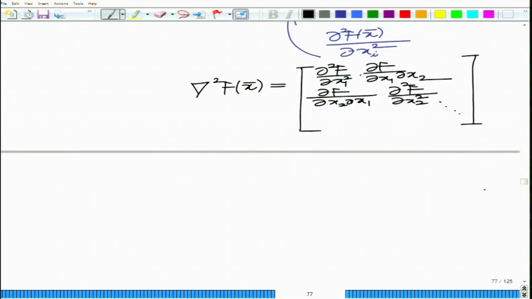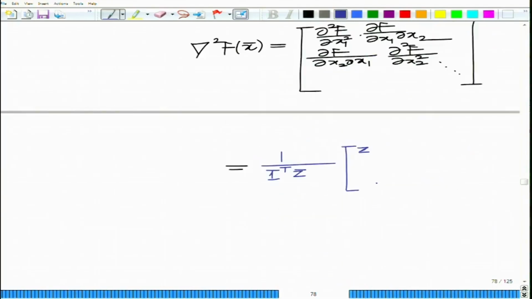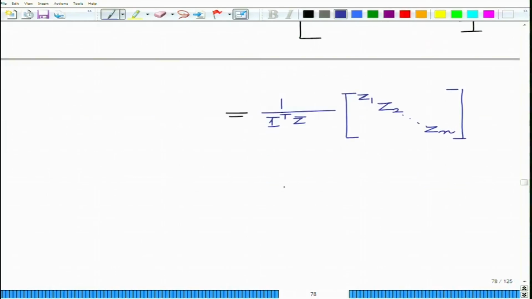If you put all these terms together, you will see that this is given as 1 over 1 bar transpose z bar times the diagonal terms, remember, the diagonal terms of the form z1, z2, up to zn, which are only there for terms of the form dou square f by dou xi square, minus terms of the form zi zj, which can be represented as z bar z bar transpose, divided by 1 bar transpose z bar square.